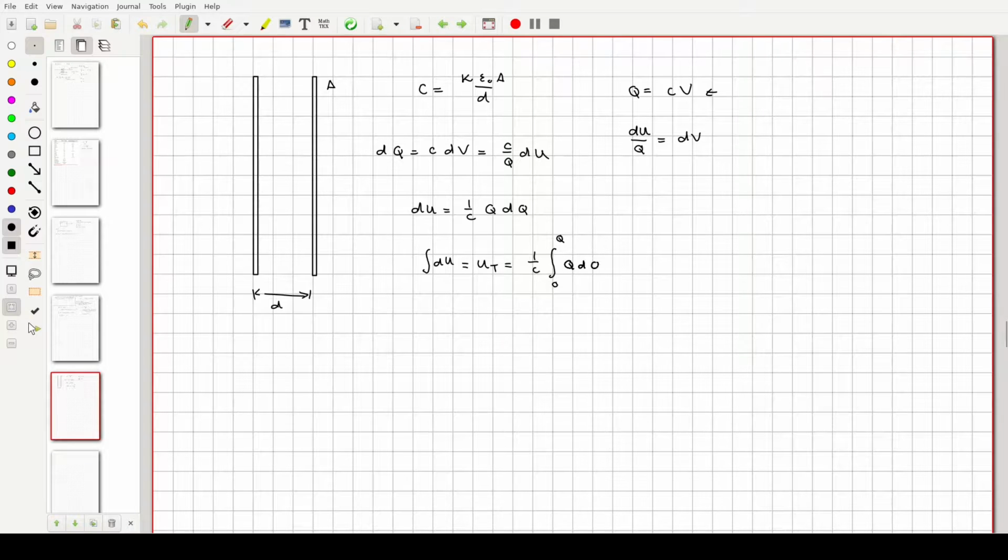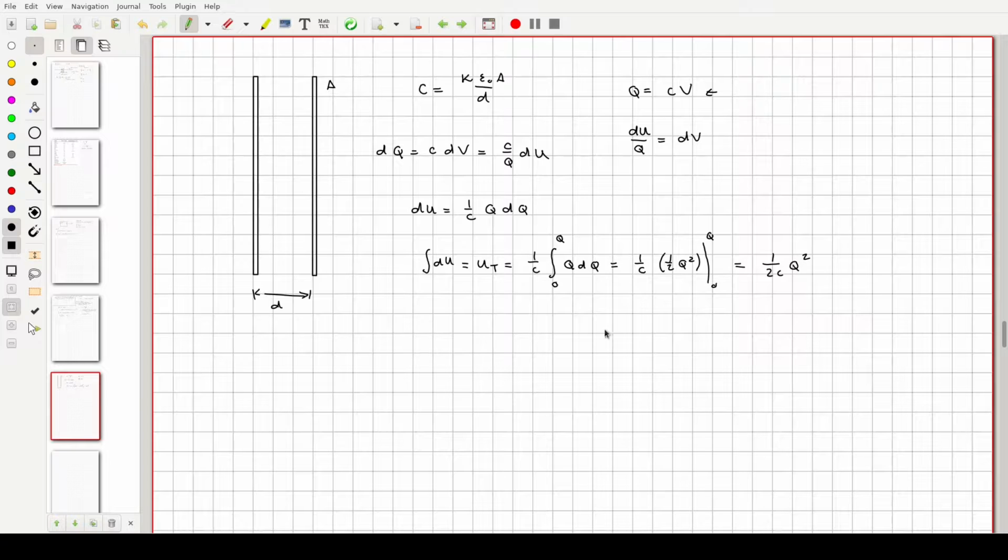Q dq. Now, when I do this integral, this is just 1/2 q squared, evaluated from 0 to Q, which is just 1 over 2C Q squared.